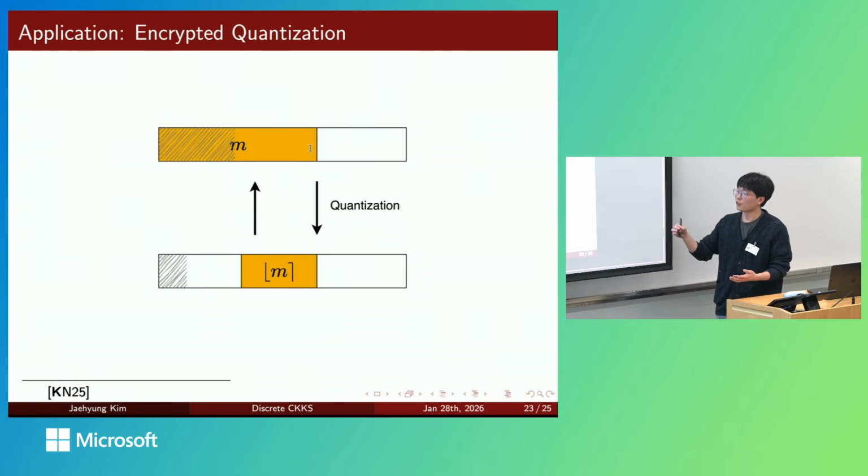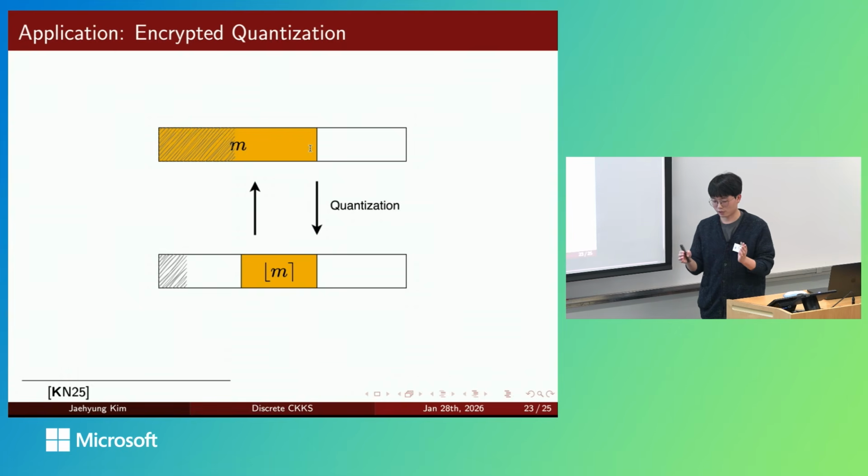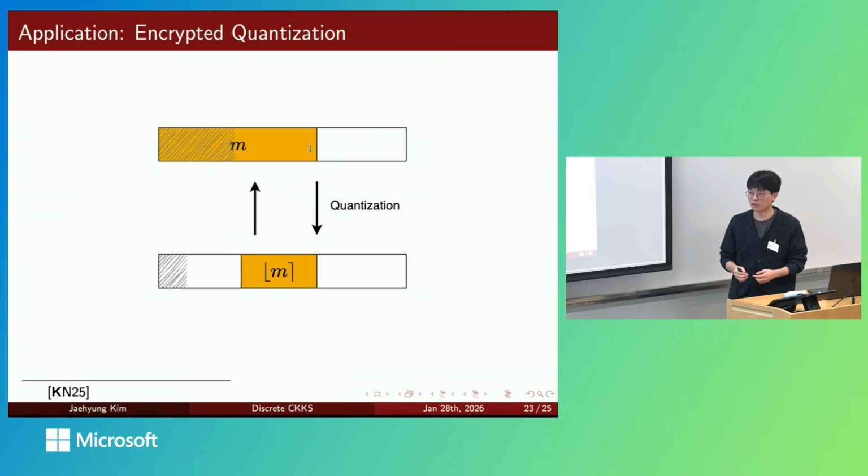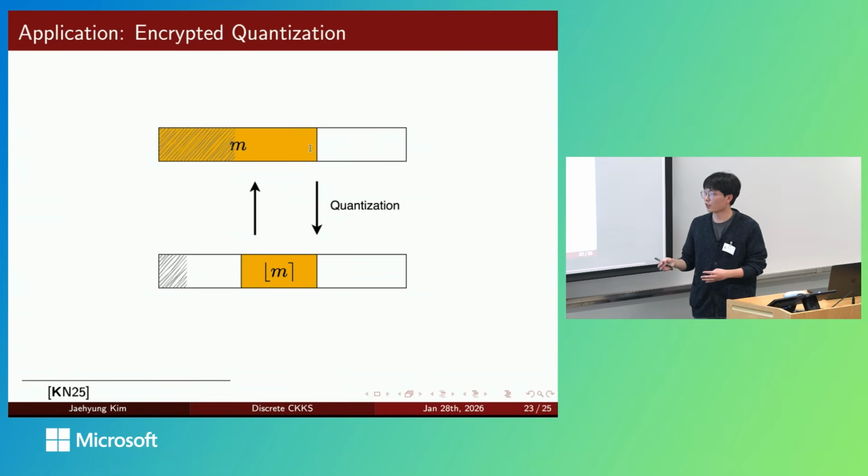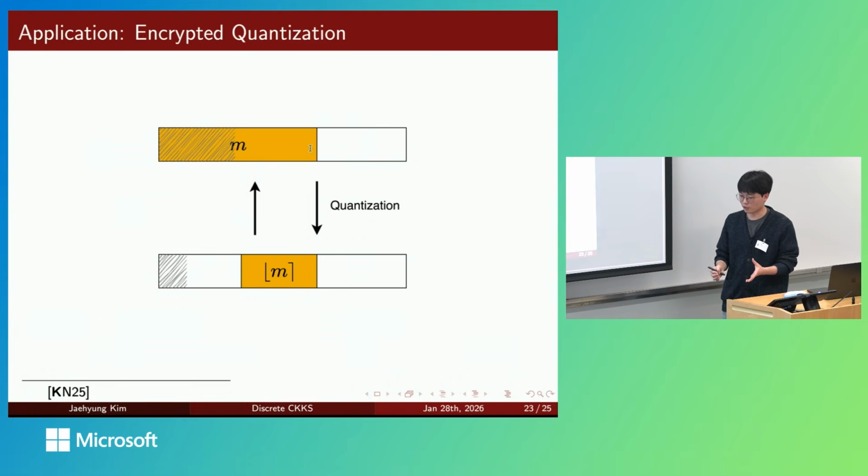CKKS operates on floating-point or fixed-point numbers, and discrete CKKS operates on small-size integers, and we have efficient conversions between the two. This fits well with the quantization framework in machine learning, where instead of operating on huge floating-point numbers, you look up short 4-bit or 8-bit integers, so this naturally fits the framework and gives better efficiency.